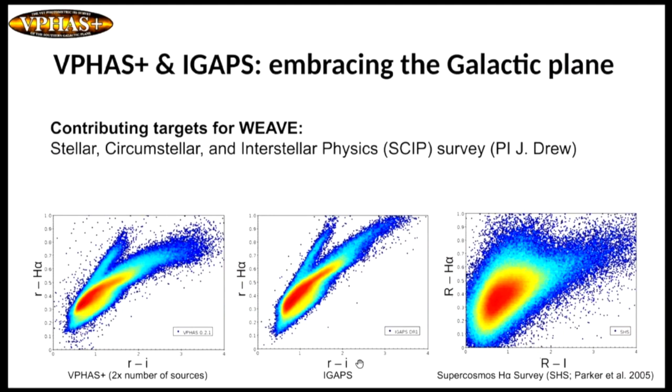And the reason is because, of course, there is a part of the galactic plane that is visible in the north and is covered by the two surveys. And so also this is a way of checking how the calibration is working for the survey overall, and also seeing possible variability among sources, right?